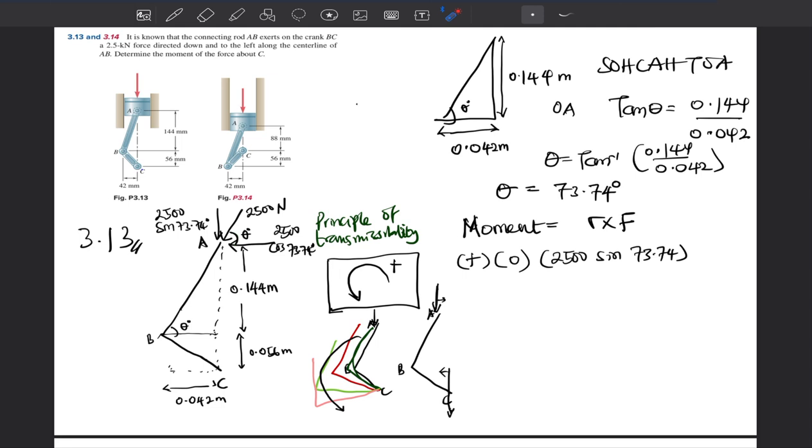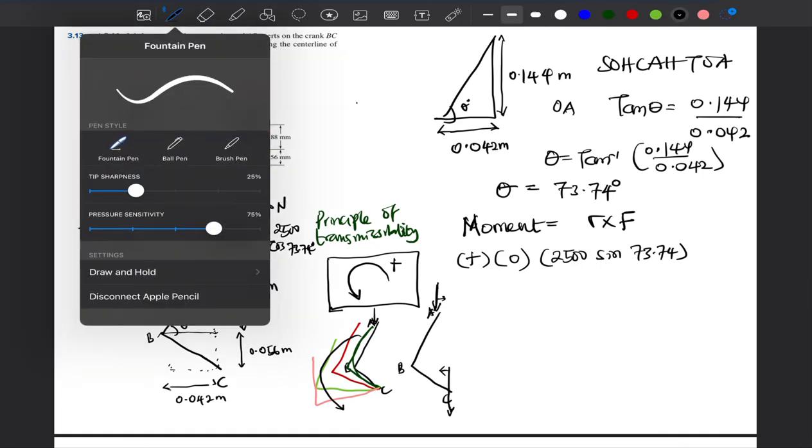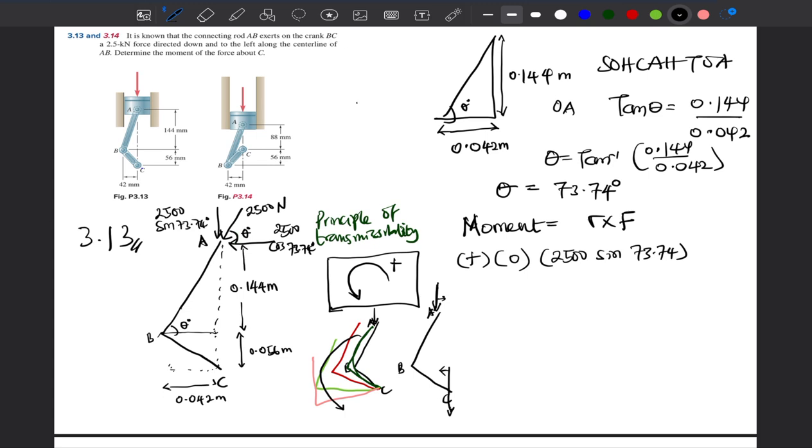Is it going to be positive or negative? We do the same thing. We take this, draw it here. A, B, C. Then we have the horizontal force acting along here.